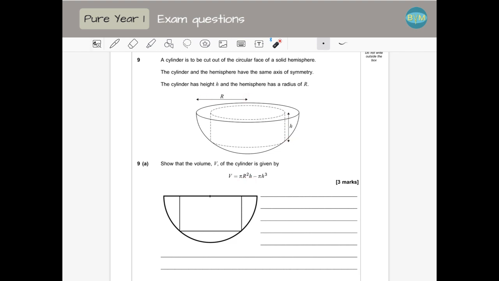And I've already done a sketch of a cut of the cylinder and the hemisphere because I think it's going to help you. So the dimensions that we know is this radius here. So this is r and this is h, this distance here.